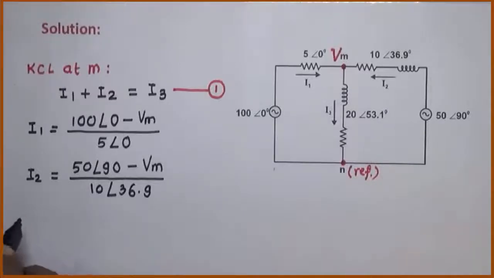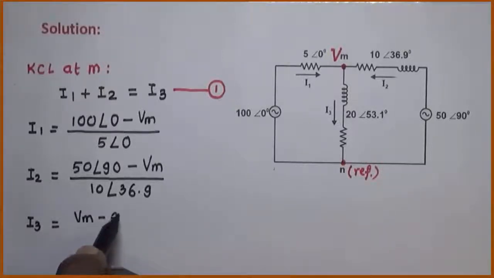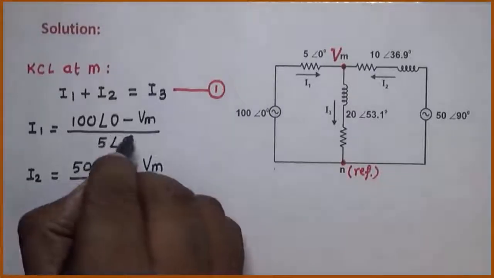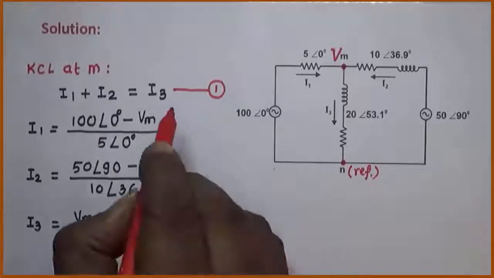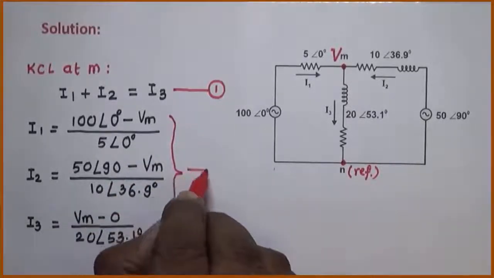So I3 is equal to Vm minus 0 divided by 20 angle 53.1. All angles are in degrees. Let us say combinedly all this is equation 2.